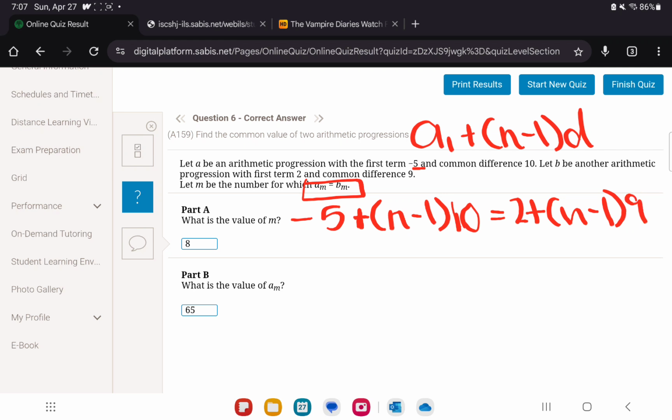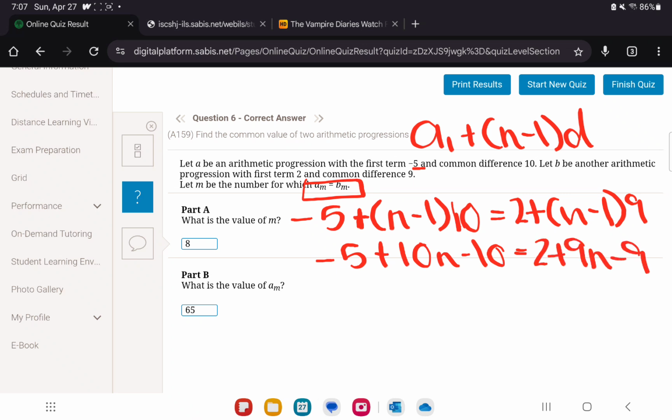Okay, now side to side, minus 5 plus 10n minus 10 equals 2 plus 9n minus 9. You get 10n minus 15 equals 9n minus 7.